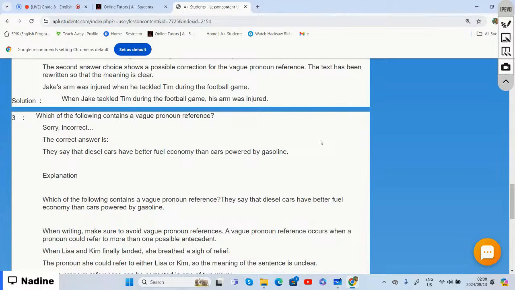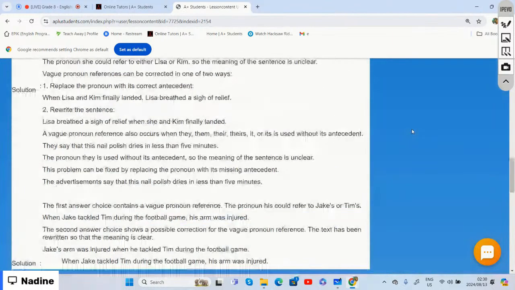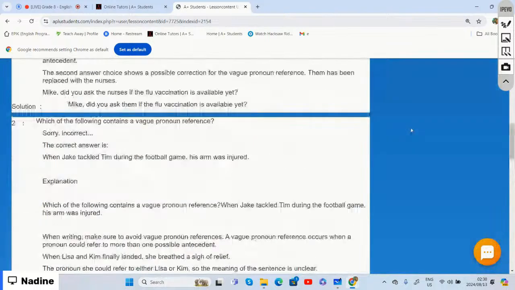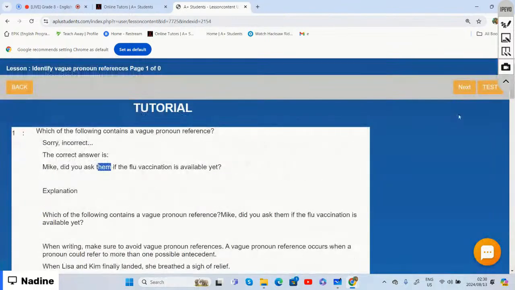All right. And the other, yes, we spoke about that one. So now let's go to our test, because remember we said they was the vague one in the gasoline sentence. Is this the final test for this specific chapter?